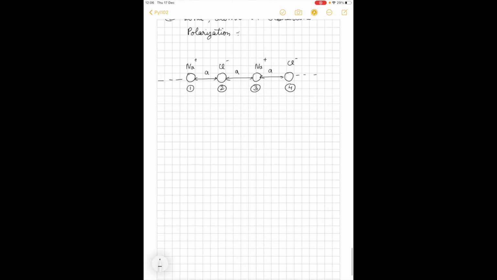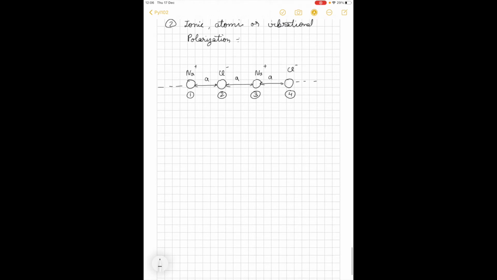That's the background. Now imagine this is our system, the picture A. Now what happens in picture B when we apply an electric field E? If the electric field is in this direction, I can think of the plus side here and the minus side there.